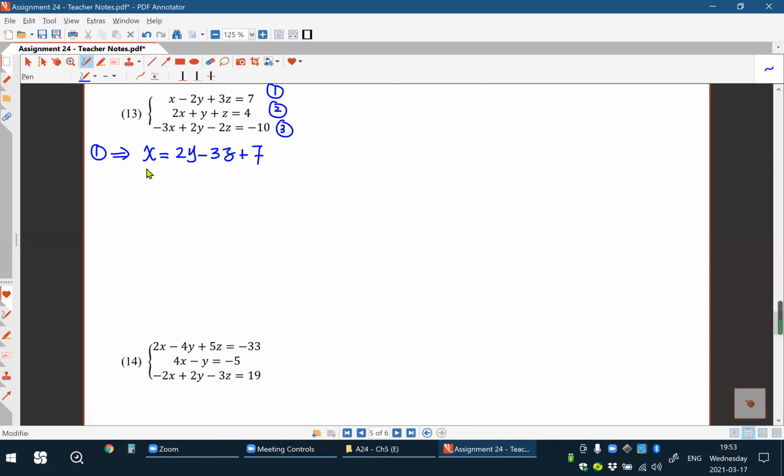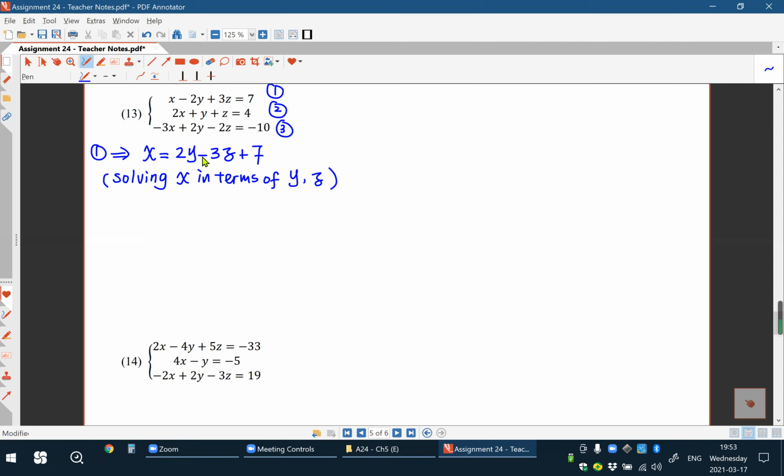This is called solving x in terms of y and z. Okay, I'll write it here. Solving x in terms of y and z.